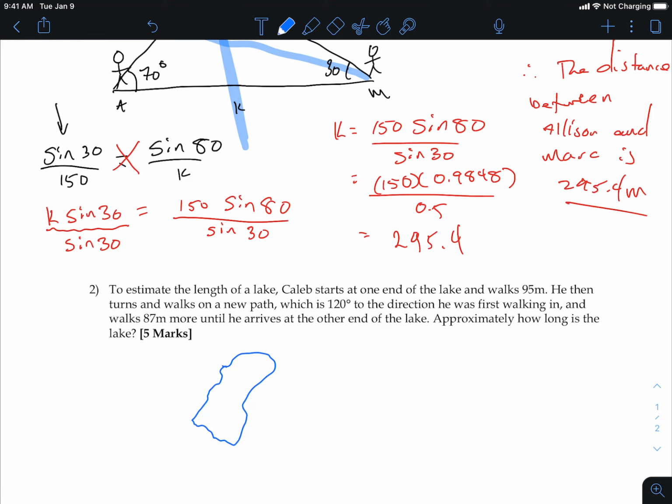And then somebody decides to walk 95 meters and then 87. It creates an angle of 120 degrees. Solve the triangle. That's how long the lake is. I know it's not great, but that's the idea.